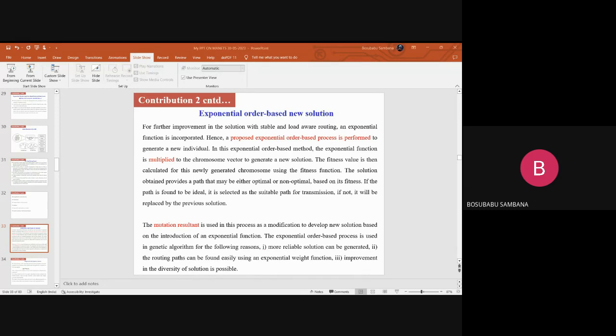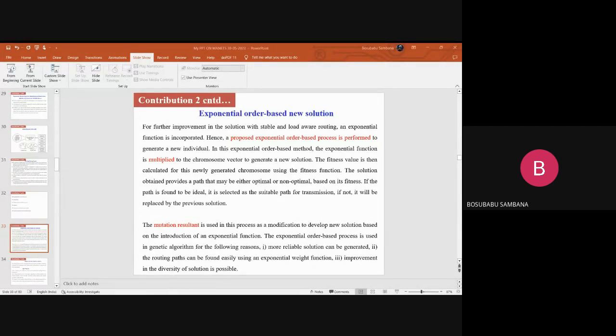In this way, the selection process gives new factor connectivity. The solution is also obtained based on the multi-path connectivity, optimal and non-optimal, based on the fitness operations. Here, fitness operations are also done for various factors.